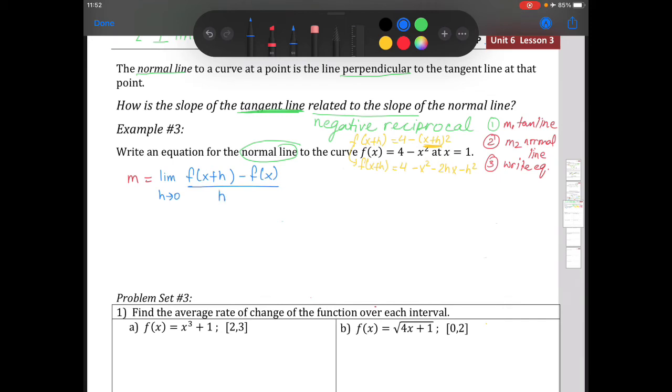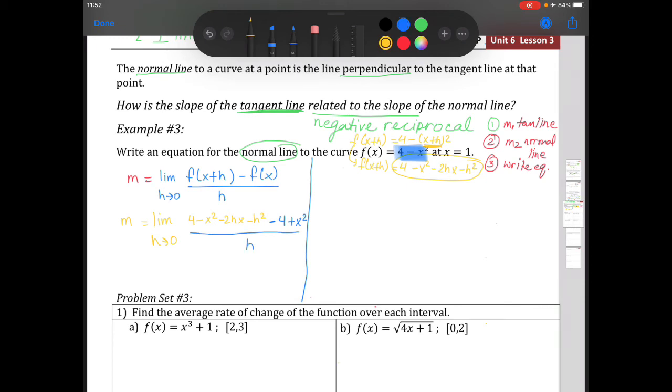So m is equal to the limit as h approaches 0. f of x plus h is this whole thing, so I'm going to substitute that in here: 4 minus x squared minus 2hx minus h squared, minus f of x. f of x is just this, so if I write that with a negative outside, I'm going to have negative 4 plus x squared, all over h.